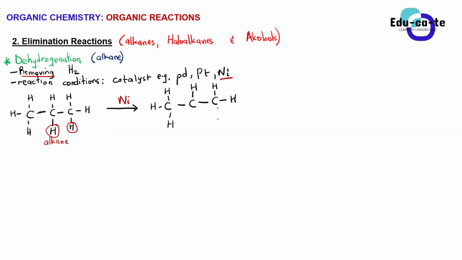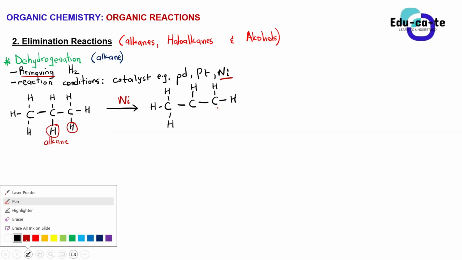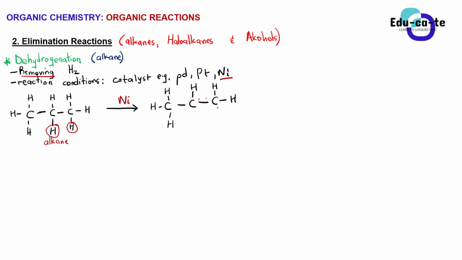So we can form a double bond in between the carbons. Yes, we can actually form a double bond in between the carbons. So basically, when we remove the two hydrogens, these two carbons will now form a double bond between them so that they can be stable, so that they can have at least 4 bonds around them, or let's just say 8 electrons around them.